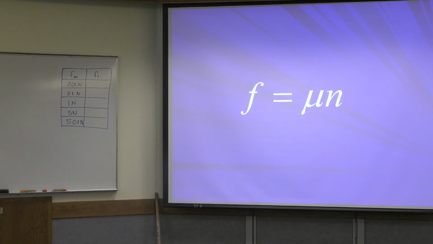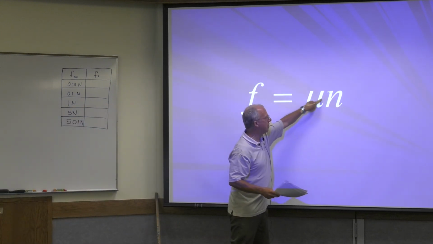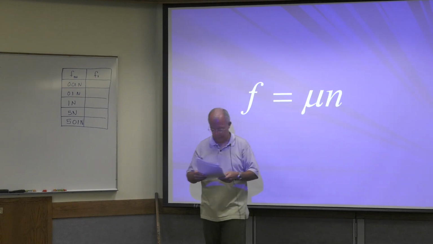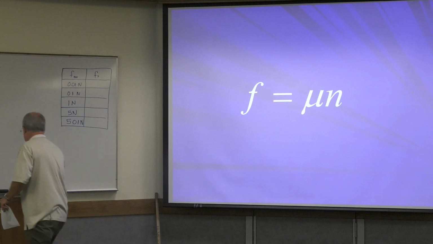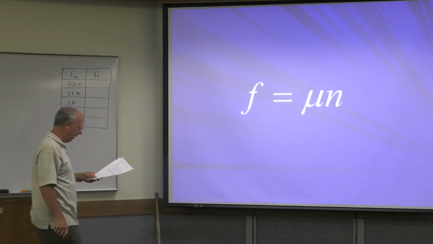So what we can say then is that the frictional force is equal to a constant, which has to do with the properties of the surface, times the normal force. Okay? So that's an important equation, but it's not the end of the story yet.